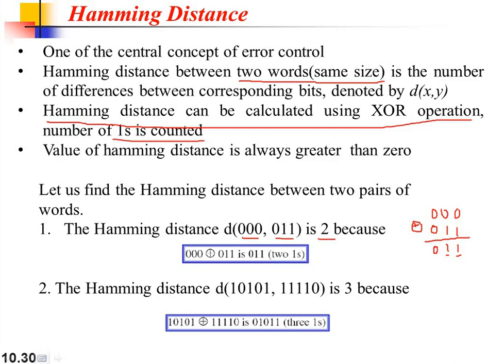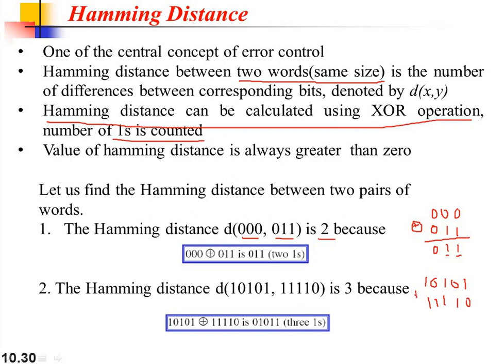Similarly you can calculate the Hamming distance for this one also. The Hamming distance between 1 0 1 0 1 and 1 1 1 1 0.